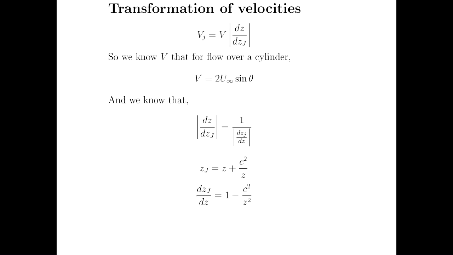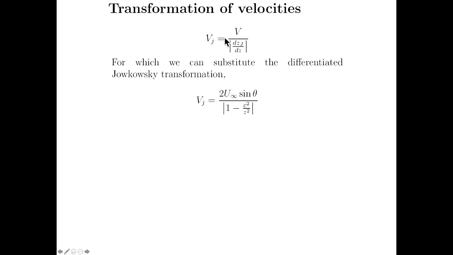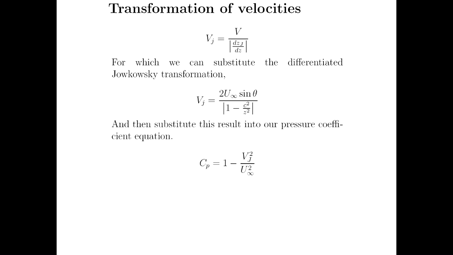So all I've done is plug this whole thing, 1 over it, into here, and this term into here. So I'm going to get Vj equal to 2 u infinity sine theta divided by the magnitude of 1 minus c squared over z squared.